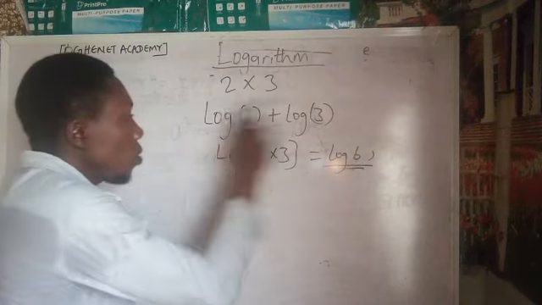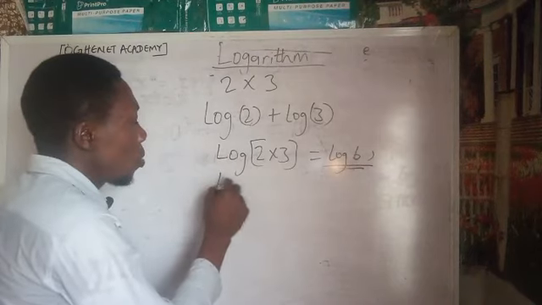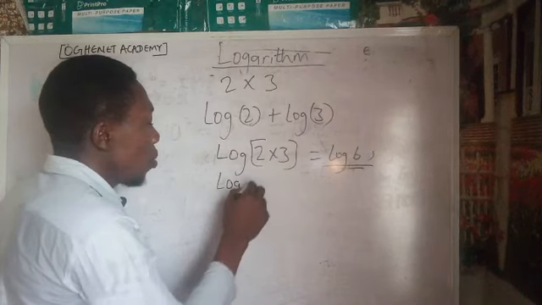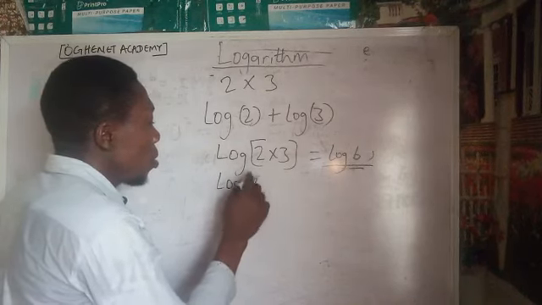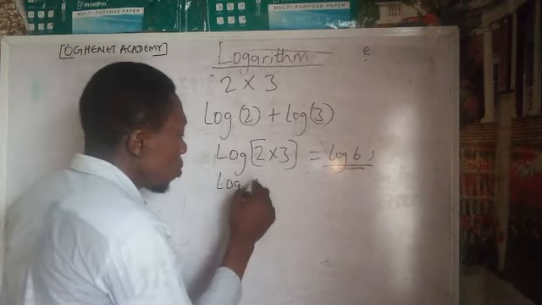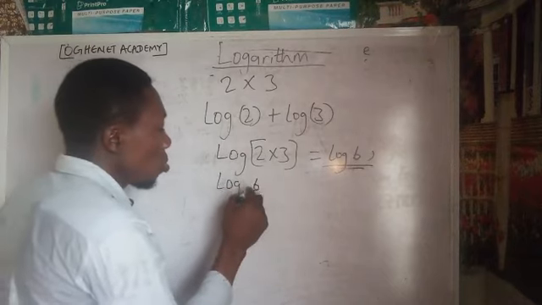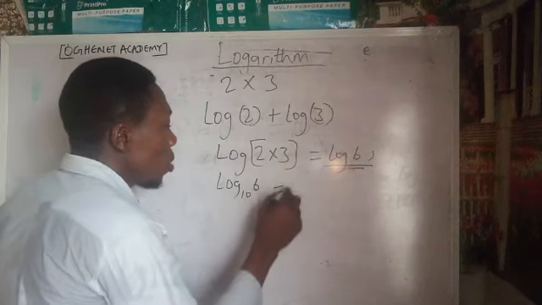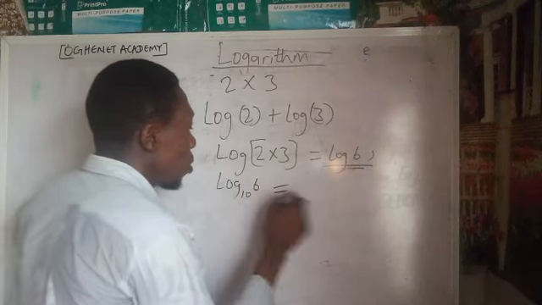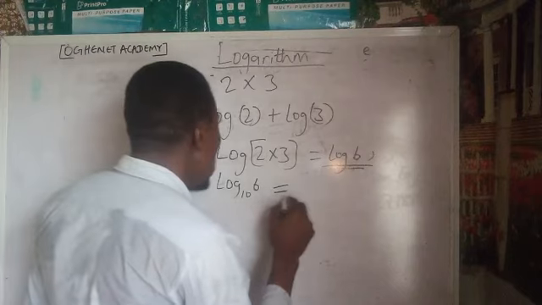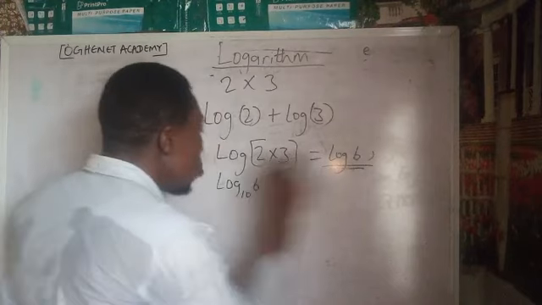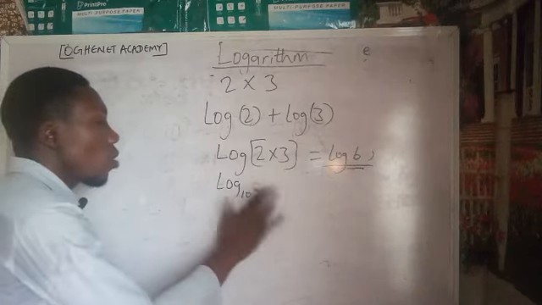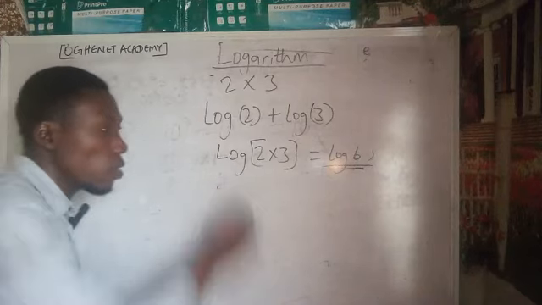Okay, so if this is a natural logarithm, it means that the log 10 6. Okay, so what does this log 10 6 mean? It means that you look for the logarithm, that is the logarithm of 6.